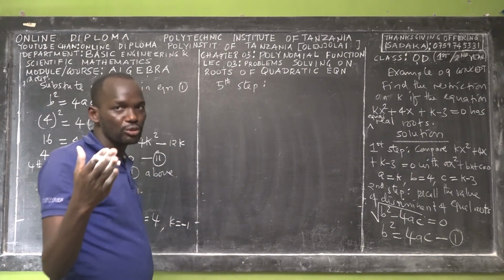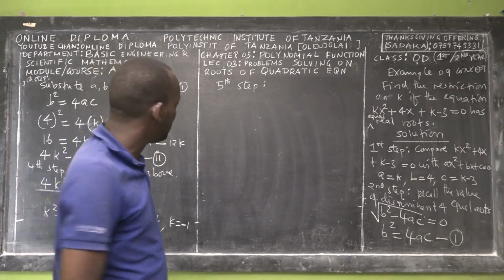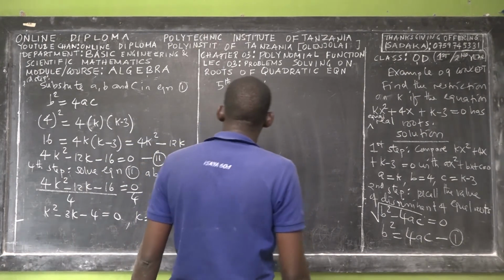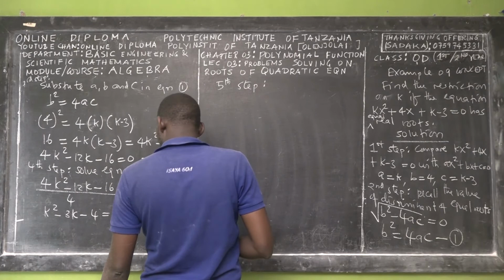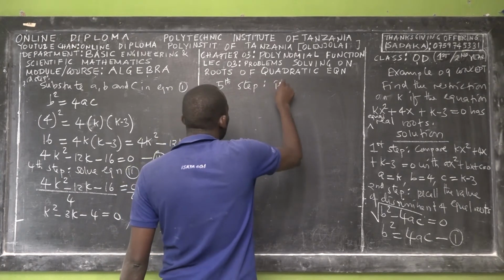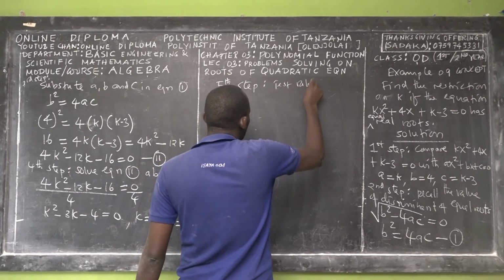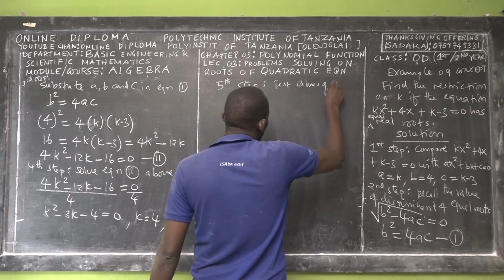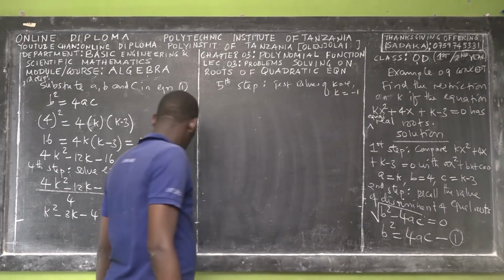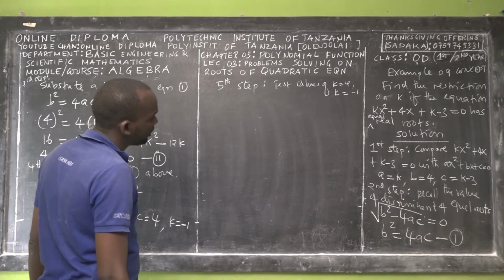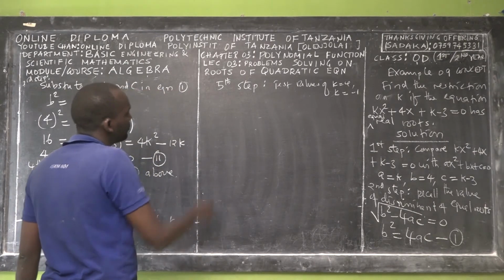The last step is for you, just to be sure that you've succeeded in solving this question. So the fifth step, we test the values k is equal to 4 and k is equal to negative 1.